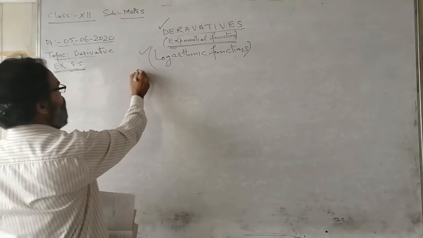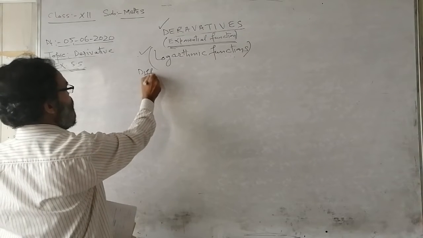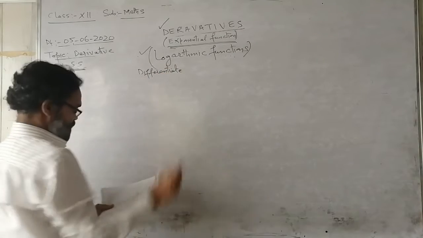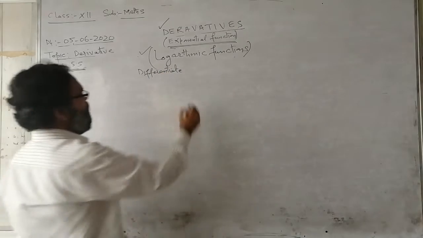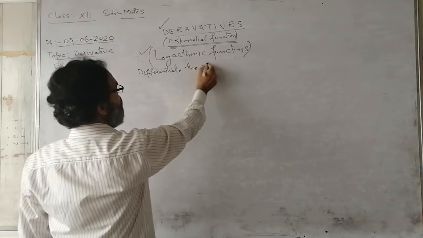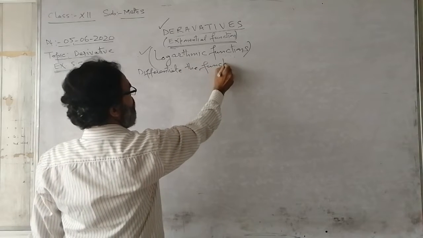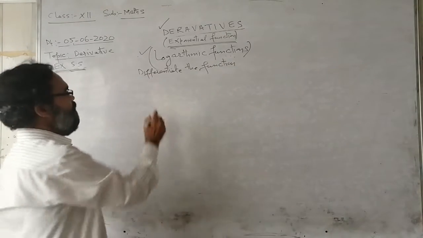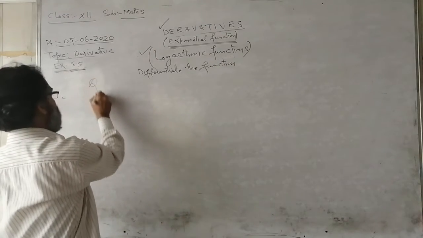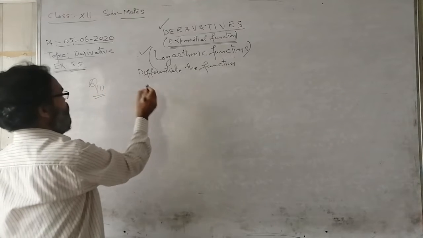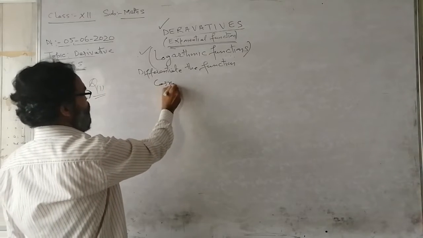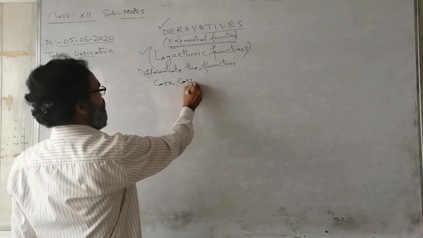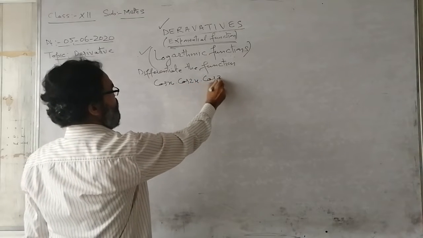So differentiate the function. The function is given and you have to differentiate it. And this is question number first, cos x into cos 2x into cos 3x.